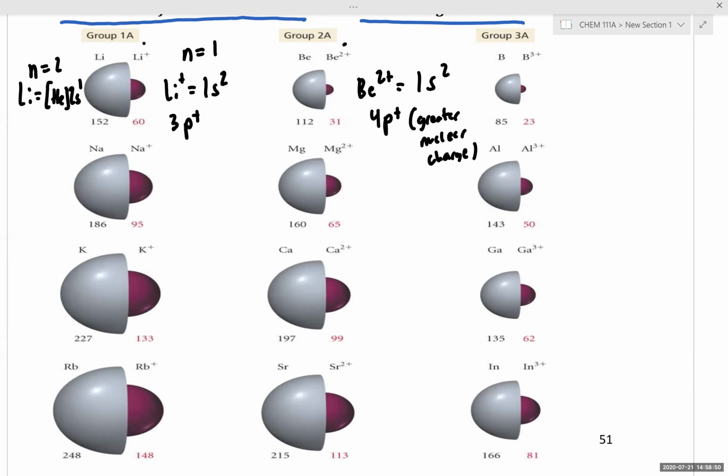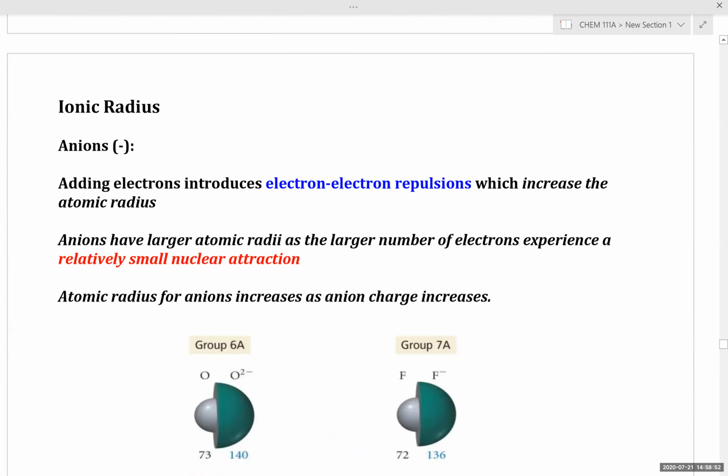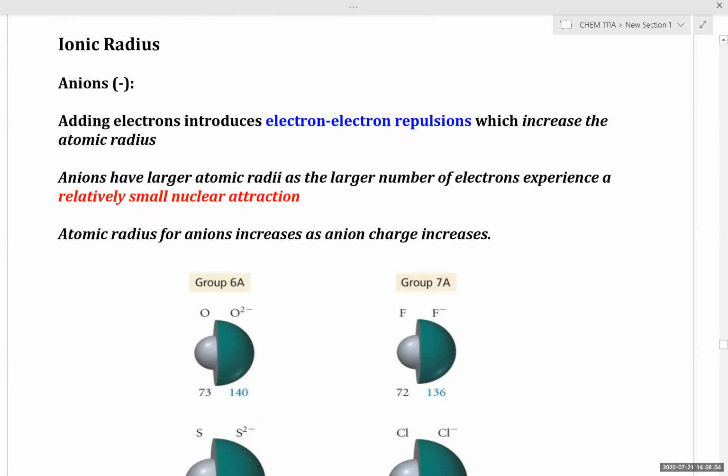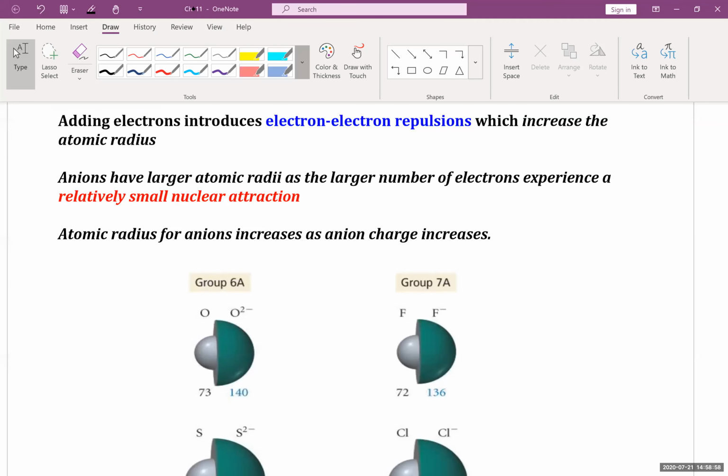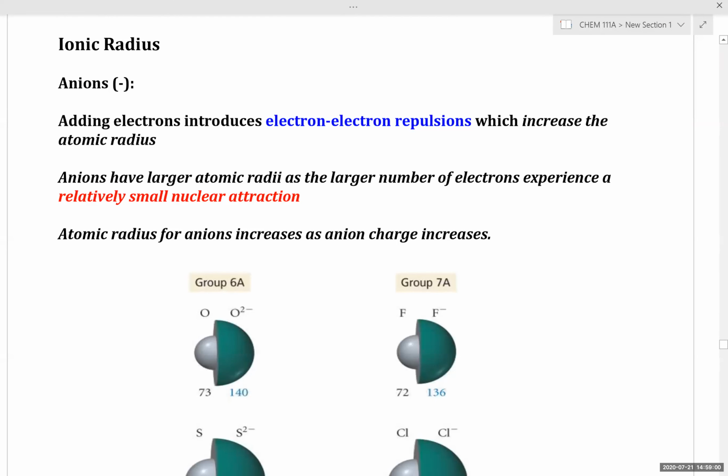So let's keep going and talk about ionic radius in the context of anions. Let's talk about a few trends. First, adding electrons increases electron-electron repulsions, which leads to an increase in the atomic radius.